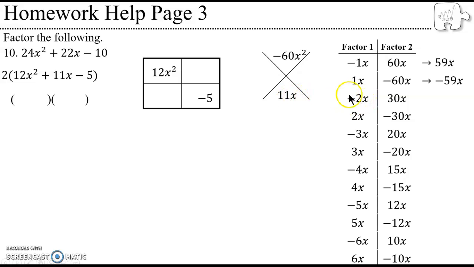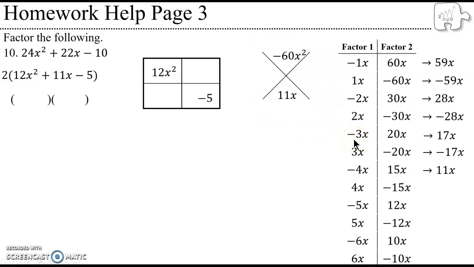We're looking for 11. Negative 2 and 30x gives us 28x, and 2 and negative 30x gives us negative 28x. Negative 3 and 20x gives us 17x. 3 and negative 20x gives us negative 17x. Negative 4x and 15x gives us 11x. That's what we wanted.